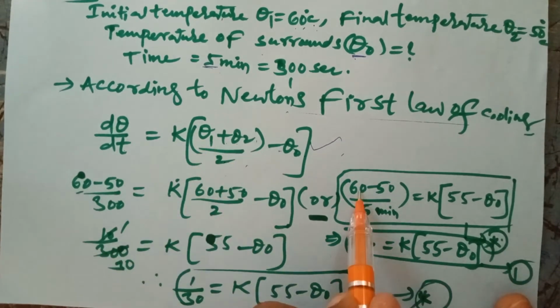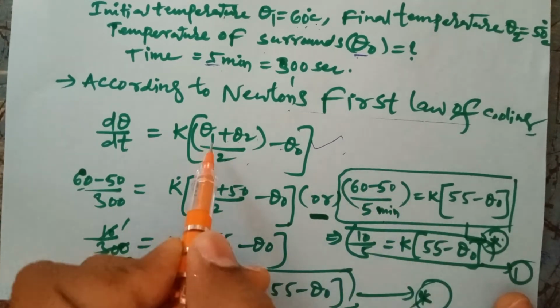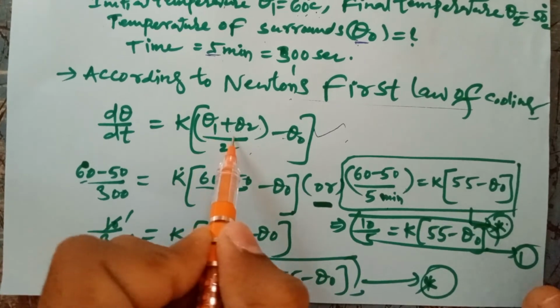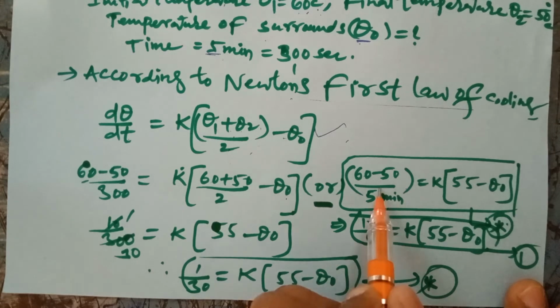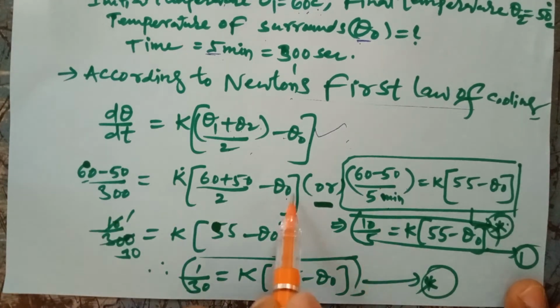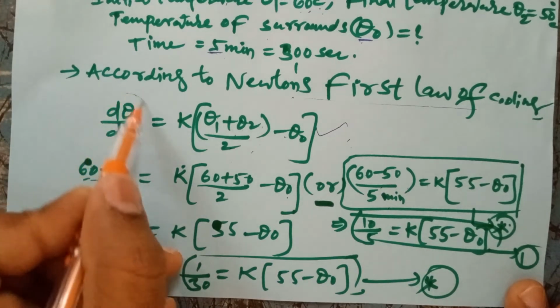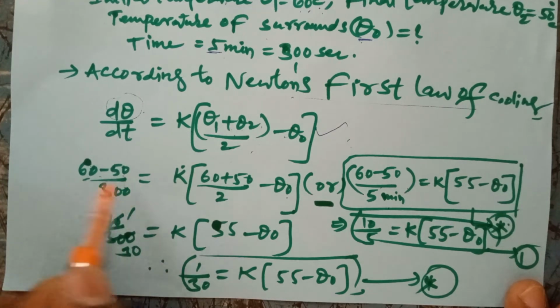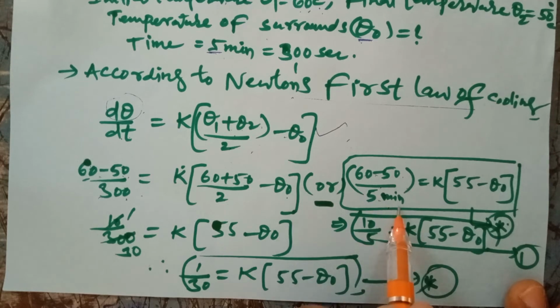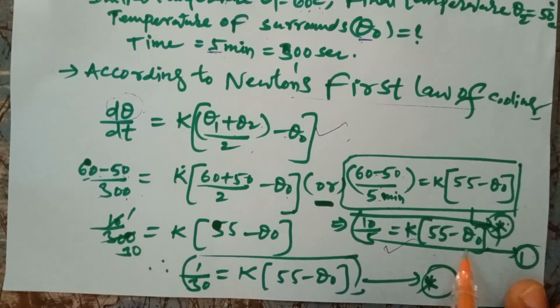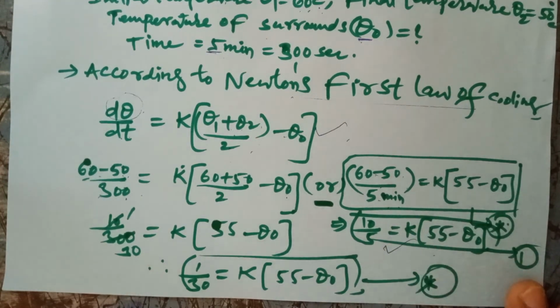Then (60 minus 50) by 5 is equal to k into (60 plus 50)/2 minus θ0. So the difference in temperature is 60 minus 50, 10 by 5, is equal to k into (55 minus θ0).